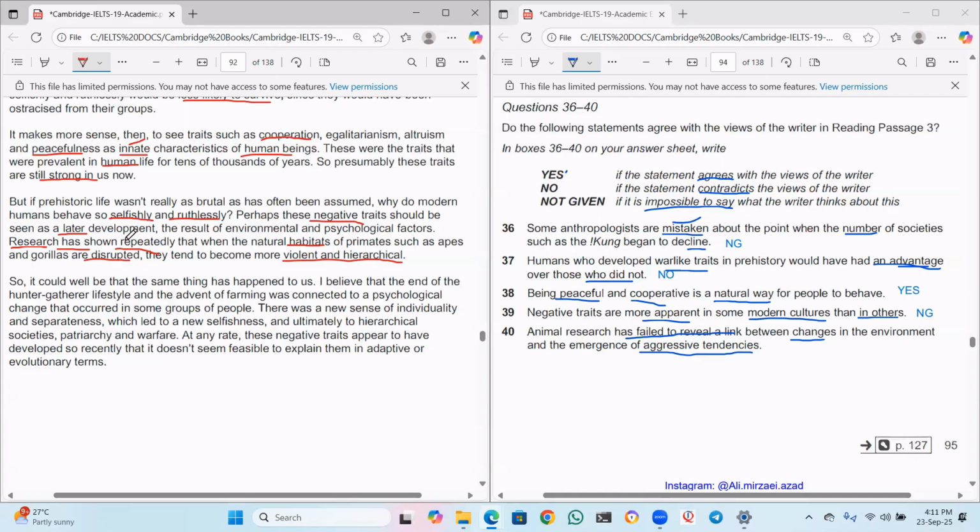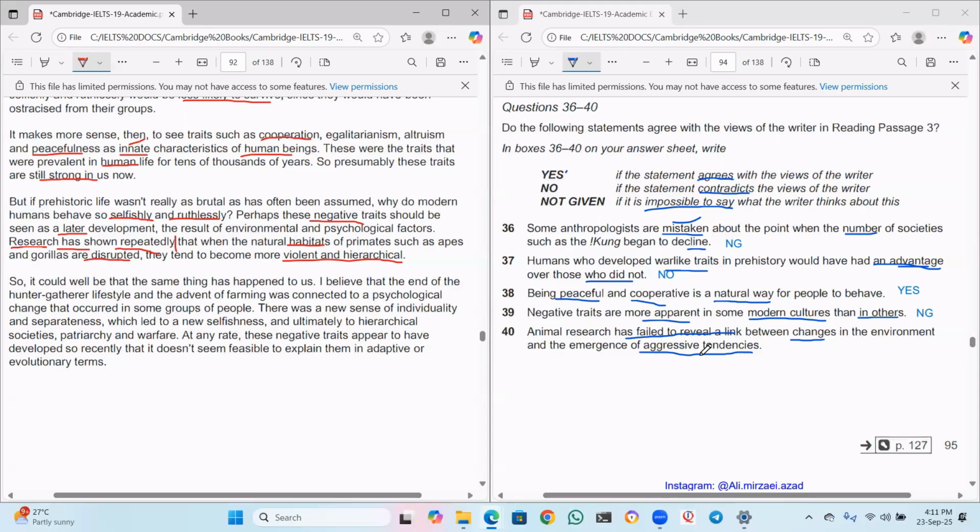Has the research failed or is it successful? Here the paragraph says research has shown repeatedly, which means the research is successful. But here this statement says animal research has failed to reveal a link. So it is exactly opposite in meaning. Whenever you change the environment, they become more violent, meaning changes in environment lead to the emergence of aggressive tendencies.